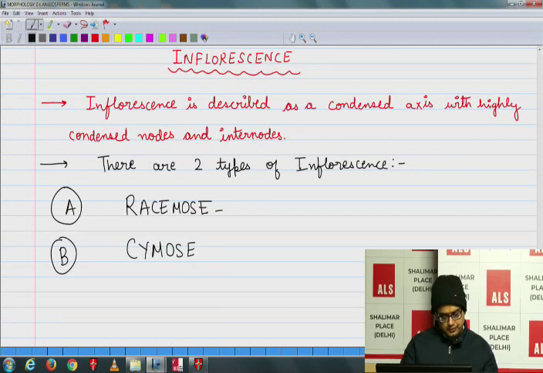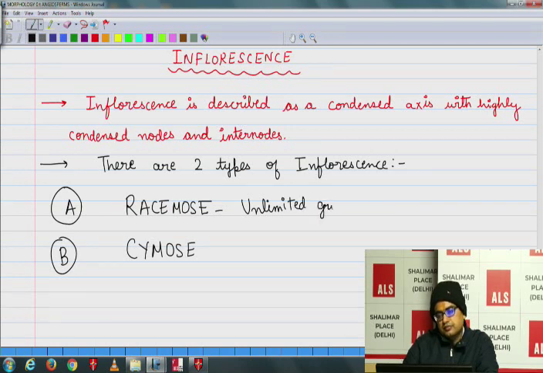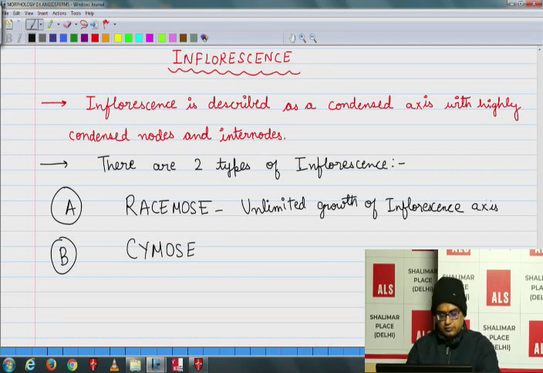In a racemose inflorescence, there is unlimited growth of the inflorescence axis, or you can say indefinite inflorescence axis growth.